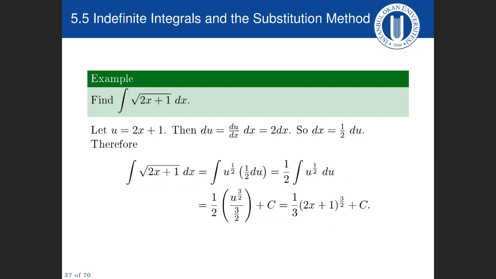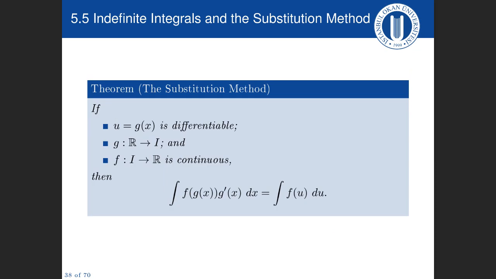So that's the idea. Let me give you the formal theorem. If u is equal to g of x is differentiable, if g is a function from the real numbers to some interval I, and f is a function from the same interval I to the real numbers, which is continuous, then the integral of f of g of x multiplied by g prime of x dx is equal to the integral of f of u du.